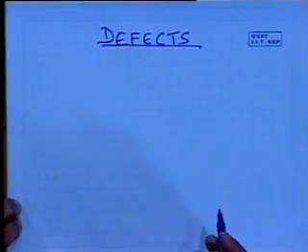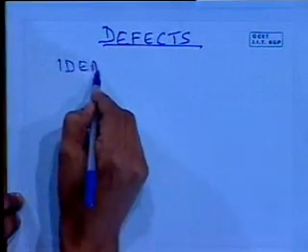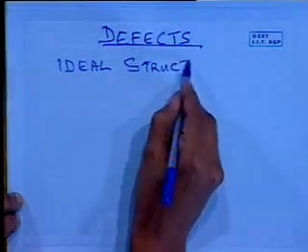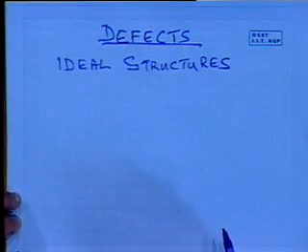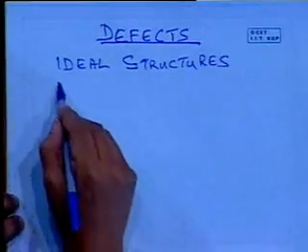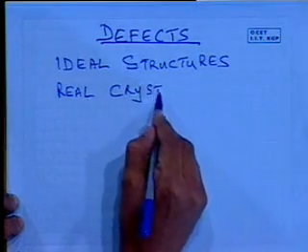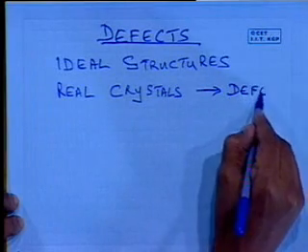The structures that we looked at in the last class are ideal structures. We assume that everything is ideal in these cases. But real lattices, or real crystals, I should say, have defects in them.